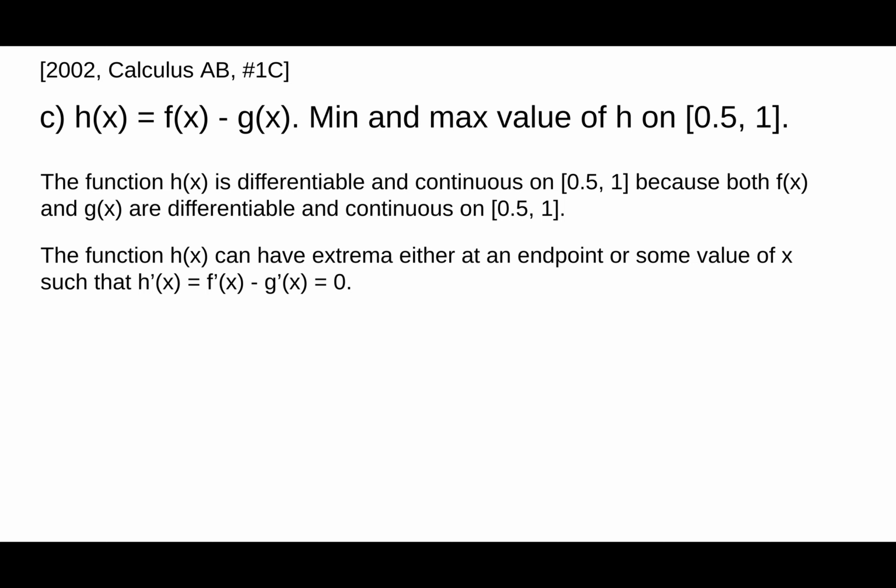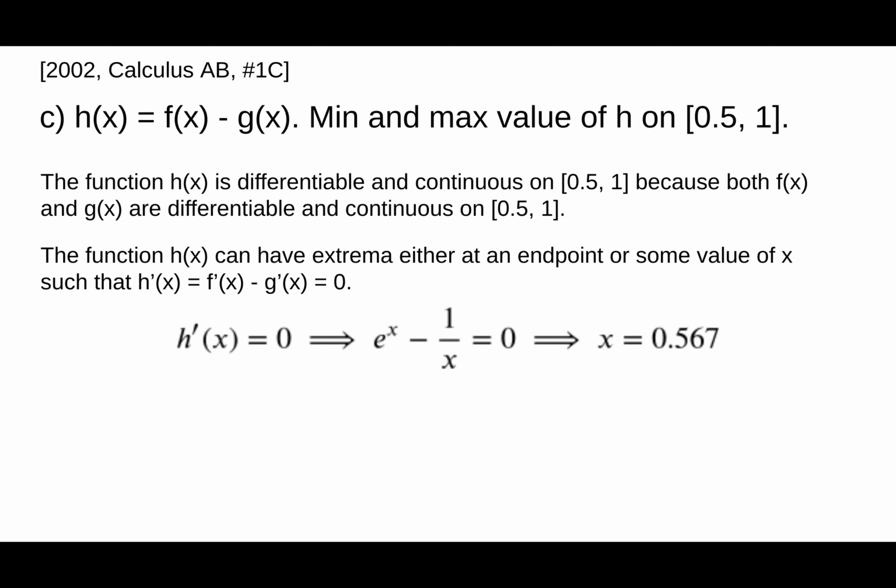All right, now because h of x is differentiable and continuous on the interval from 0.5 to 1, we can use the extreme value theorem. H of x can have an extrema either at one of the endpoints, so x equals 1/2 or x equals 1, or perhaps somewhere in the interval from 1/2 to 1 where h prime of x is equal to 0.